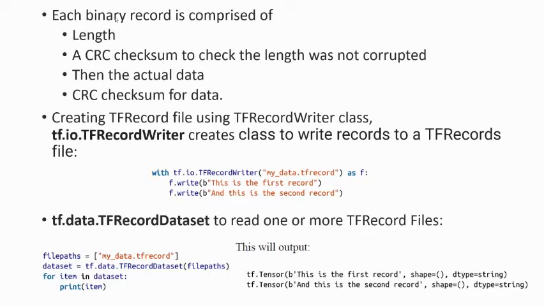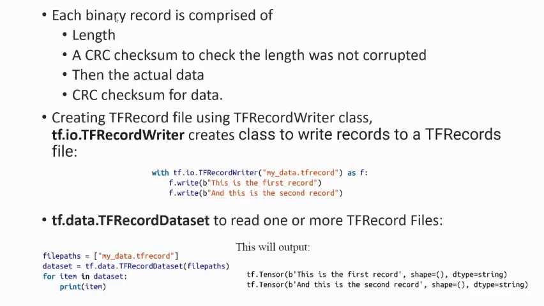If we want to create the TF record file, we need to use the TF record writer class. That is, tf.io.TFRecordWriter helps us create the class to write the records to a TF record file.